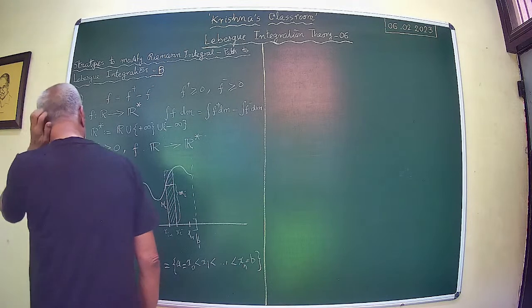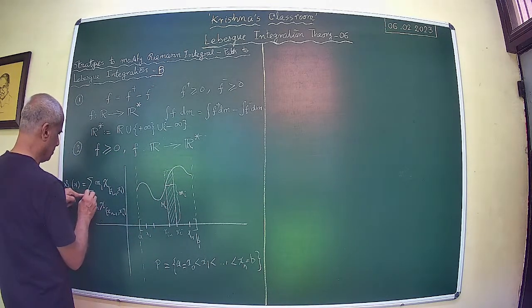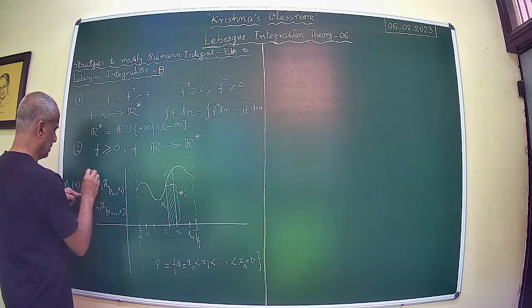And I have an upper approximation, and this runs from i equal to 1 to n minus 1.